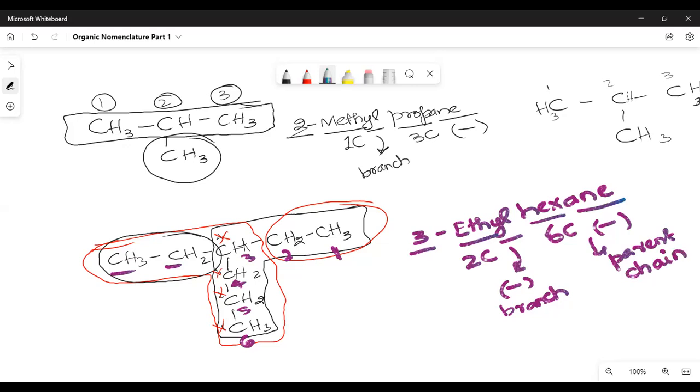All right, that's how it works. So the most obvious thing that sometimes we fall for is that we tend to locate the straight longest chain improperly. Okay, get the point?